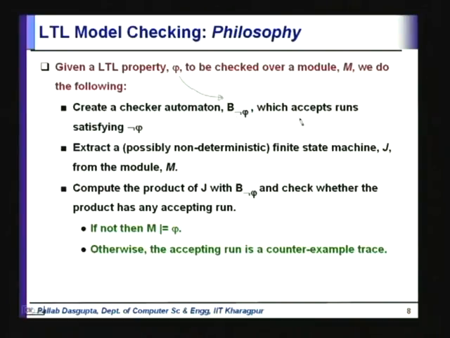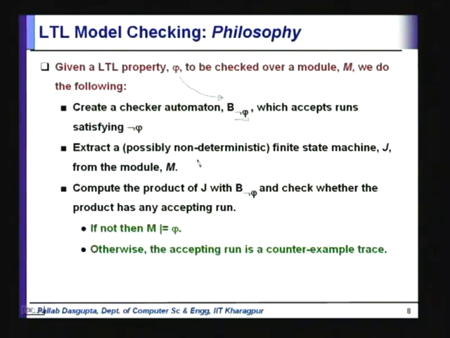The checker automaton will not be for varphi, it will be for not of varphi. So it accepts runs which satisfy not varphi. In the last class we discussed what is meant by acceptance of a run by an automaton.